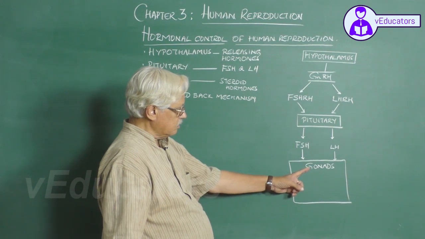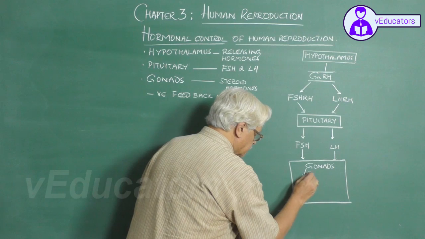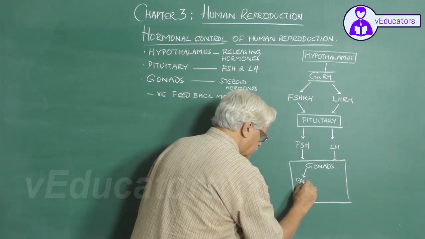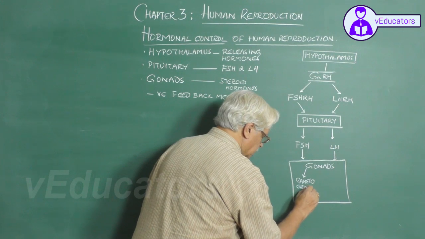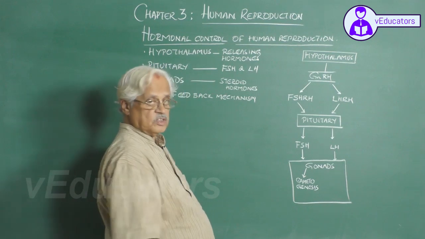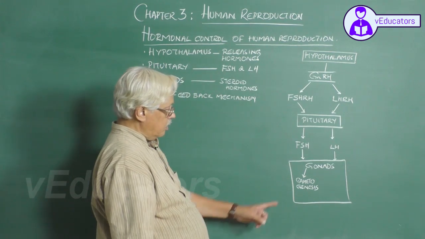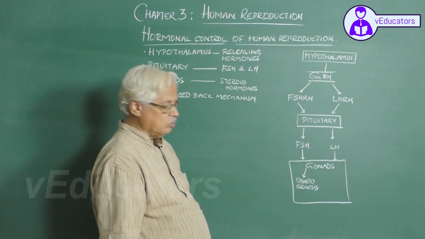FSH in the gonads mainly influences gametogenesis, spermatogenesis in the testis, oogenesis in the ovary.